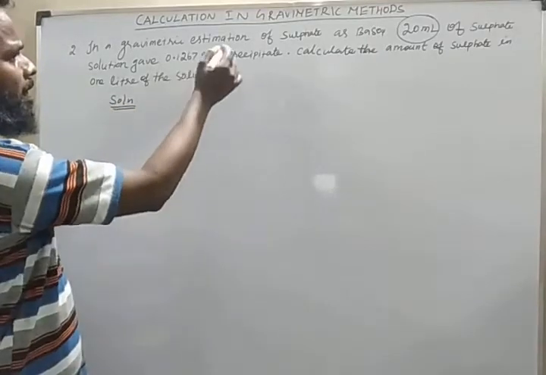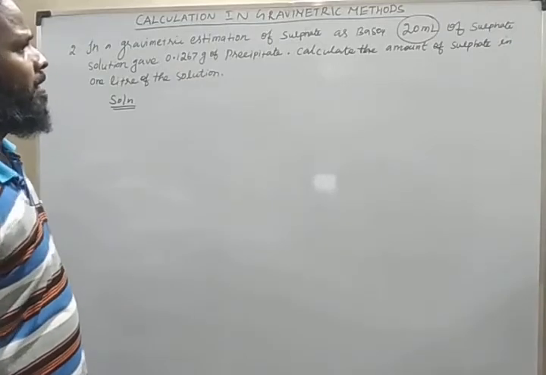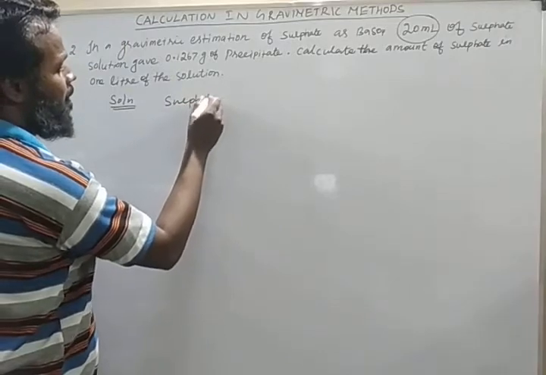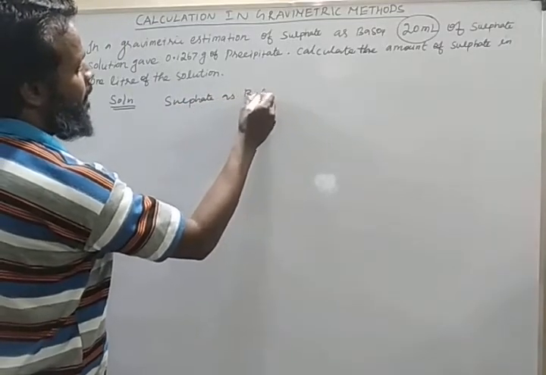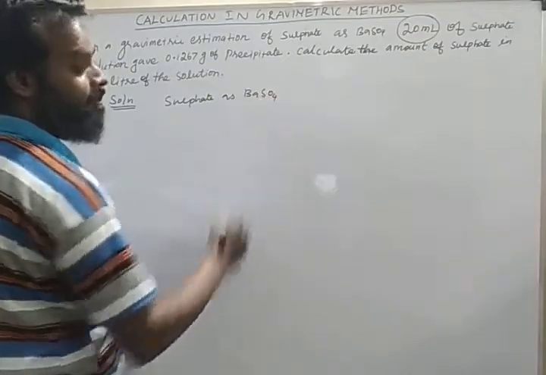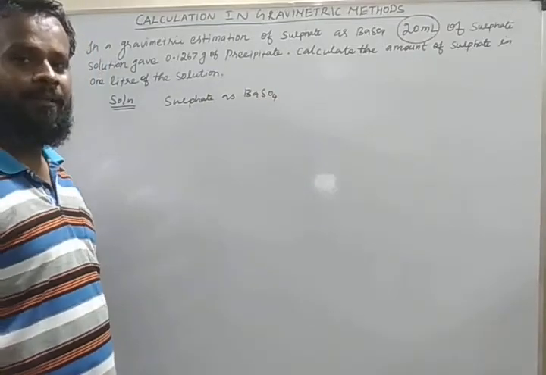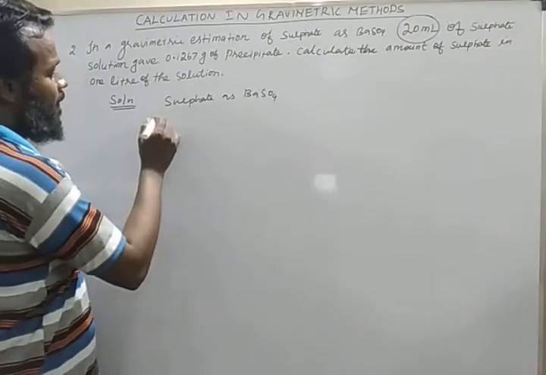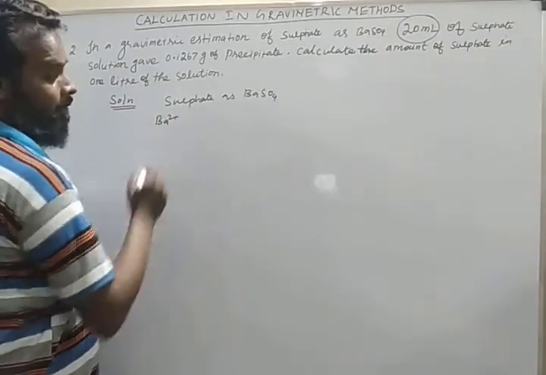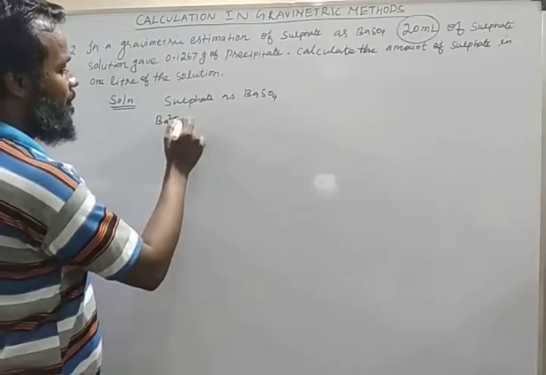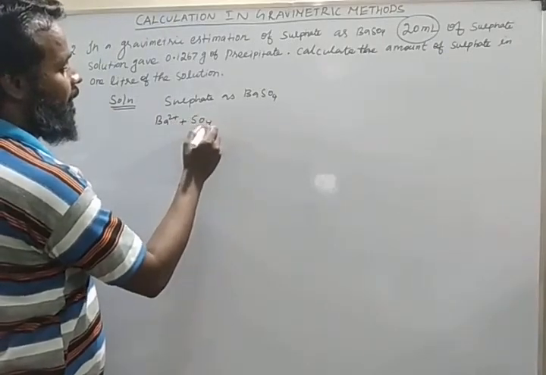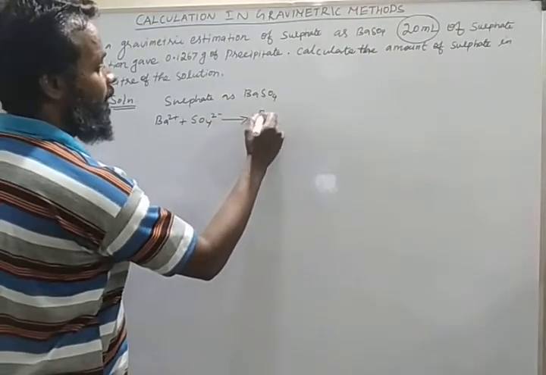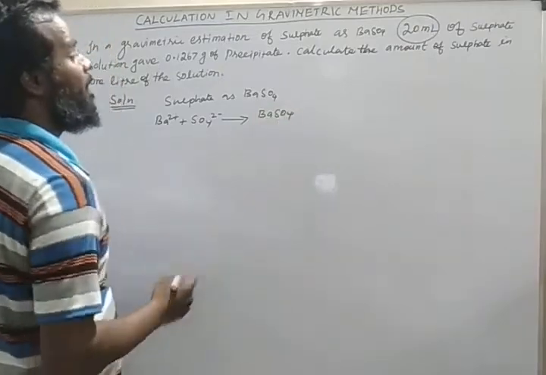So we are going to find the solution for this problem. Here the estimation is given as sulfate as barium sulfate. We are going to estimate the sulfate by precipitating it as barium sulfate, so that the sulfate present in the solution combines with the barium ion and gives barium sulfate.